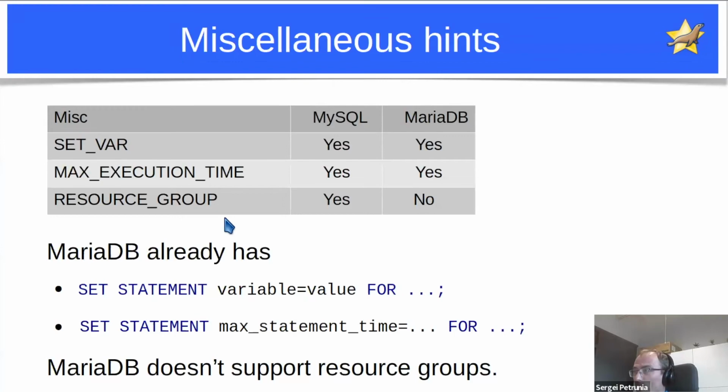The only thing we do not support is that MySQL has a concept where it can allow a query to be put in a resource group. MariaDB doesn't allow that, so that's why we don't have a resource group hint. There was a discussion whether we should support it as a dummy, but at the moment we don't have it.